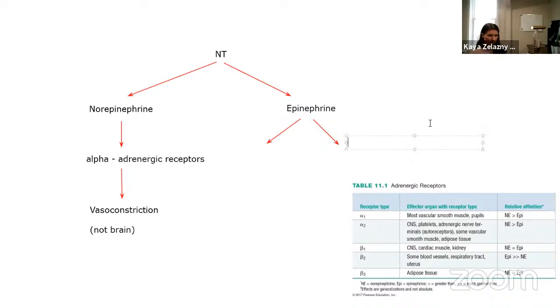if we have low epinephrine, small epinephrine, we're going to see, if we look on this chart, if there's only a little bit of epinephrine circulating around, it's going to be highly preferentially drawn up by those beta 2 receptors. So in low amounts, that epinephrine is going to bind to those beta 2 adrenergic receptors.